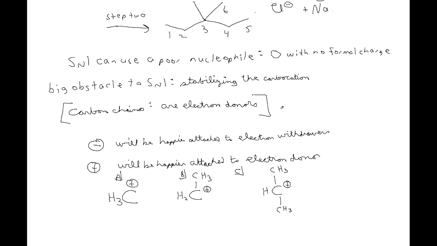I didn't tell you this, but it sounds like you figured it out. If you have a positive charge, do you want to have more or fewer carbon chains? Does a positive charge want to be attached to more or fewer carbon chains? To more. Because each carbon chain is an electron donor. So the more carbon chains, the better in this case. So C would be happier than B.